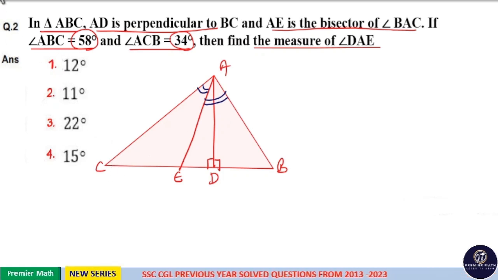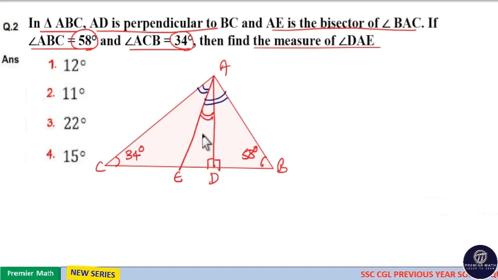Now, angle ABC equal to 58 degree. ABC means this angle B equal to 58 degree. Angle ACB equal to 34 degree. That is angle C is equal to 34 degree. Now we have to find out what is angle DAE.